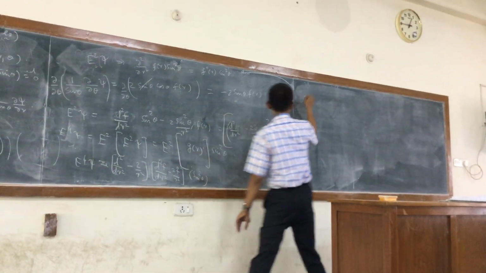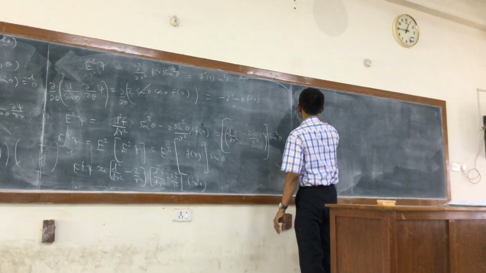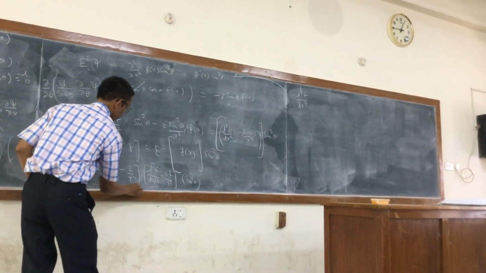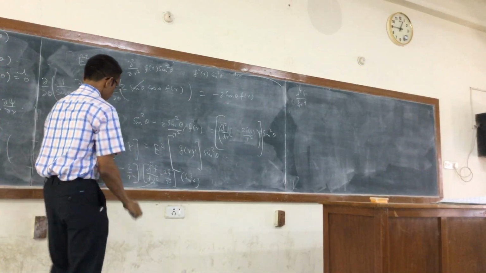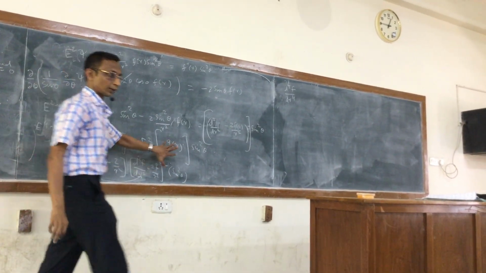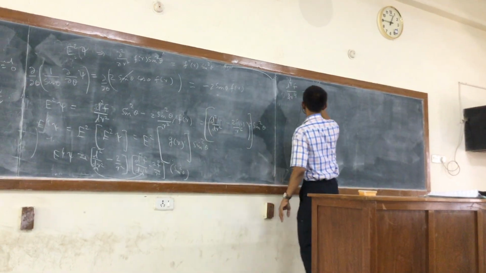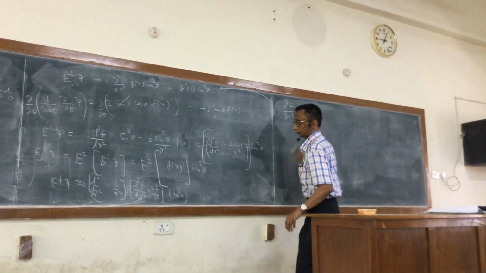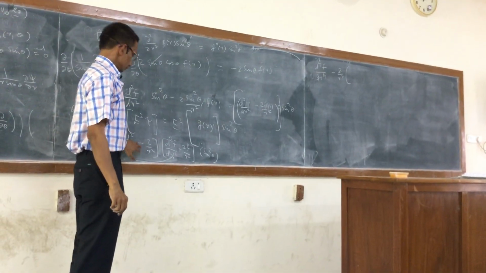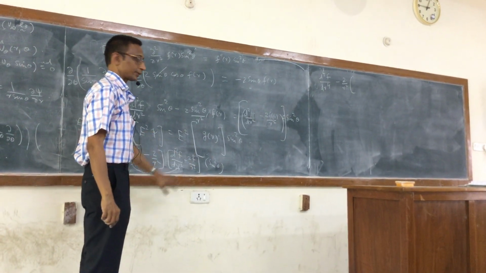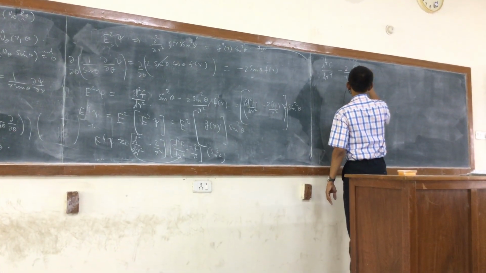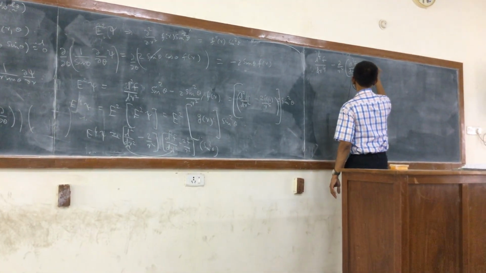That would be d to the power 4 f by dr to the power 4. That's one term taken care of. Then minus 2 by r squared times this, which can also be easily taken care of, because that's just multiplying by 2 by r squared. That would be d squared f by dr squared minus 2f over r squared.